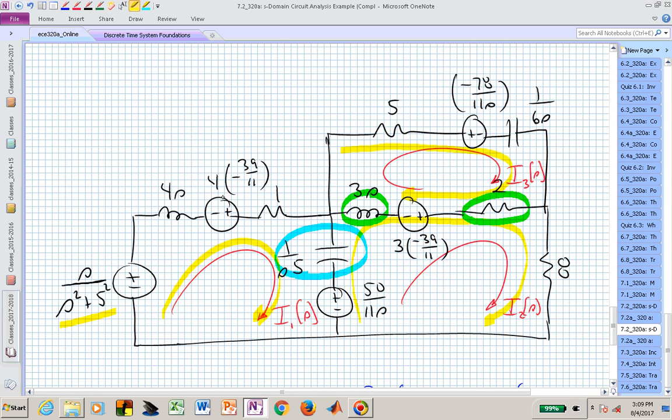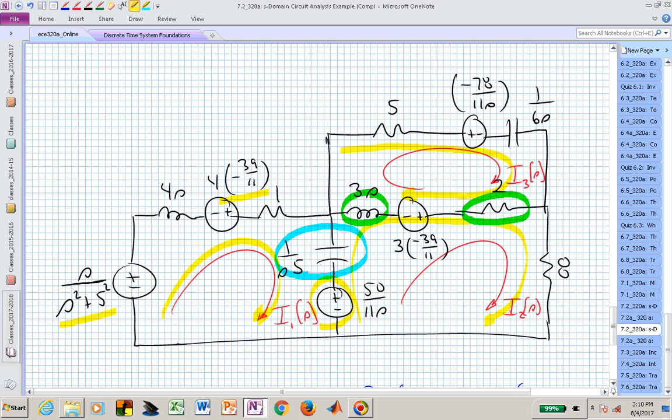We have our source due to one of the inductors, and we have our source due to the capacitor. I don't remember which capacitor. I think it's the second capacitor. Now we want to ask, if we increased those particular voltages, would they serve to encourage or discourage I sub 1 getting bigger?